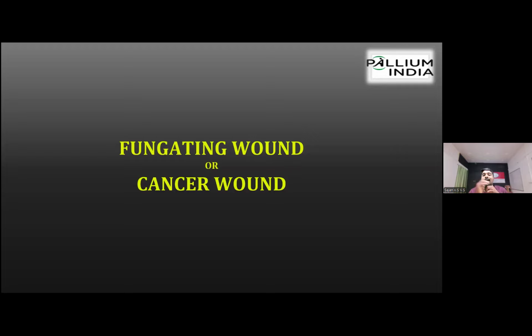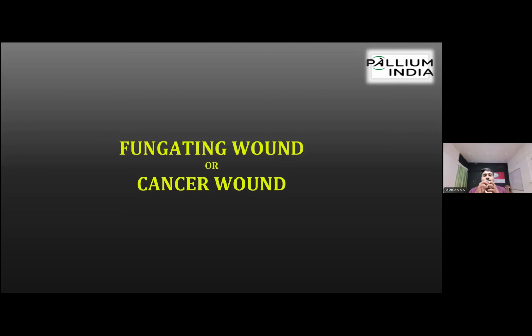So we call the cancer wound a non-healing ulcer; there is no chance of healing for this type of cancer wound. Cancer wound we also call a fungating wound. Why do we call it a fungating wound? Any connection with fungal infection or any fungal involvement, any history?